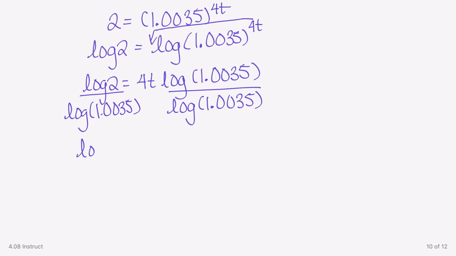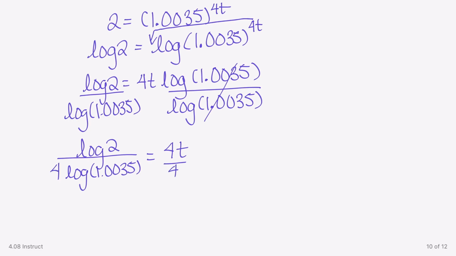And so that gives me the log of 2 over the log of 1.0035. And that equals, on the right side, I have 4t. Now I need to divide both sides by 4 in order to get that t by itself. So I have the log of 2 over 4 log 1.0035. Okay, and that equals t.